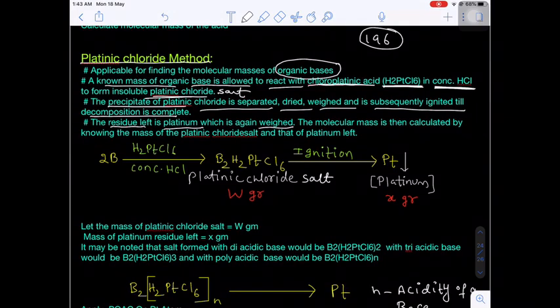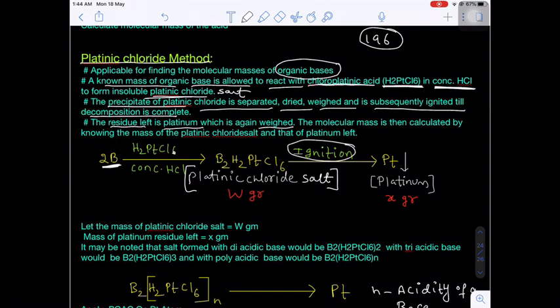Now this H2PtCl6 is chloroplatinic acid. This is a dibasic acid, there are 2 H plus ions. Now I am taking 2 bases. These 2 bases will combine with this acid to form a platinic chloride salt, that is B2H2PtCl6.